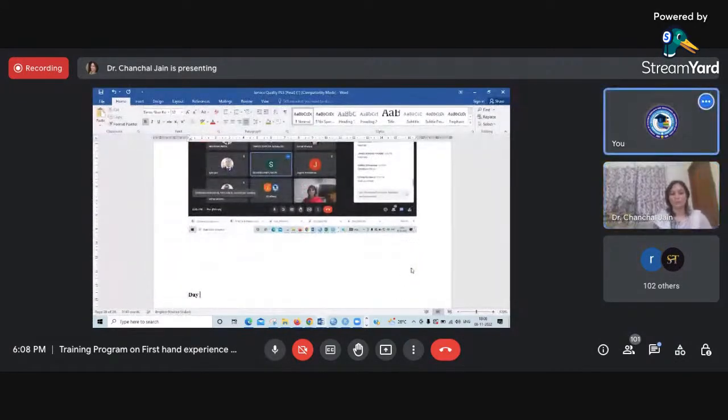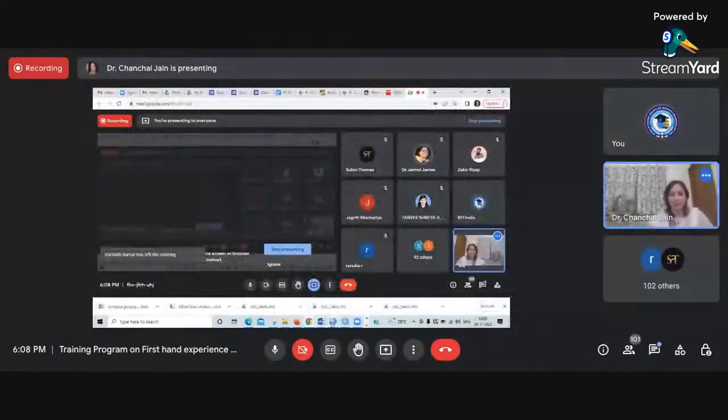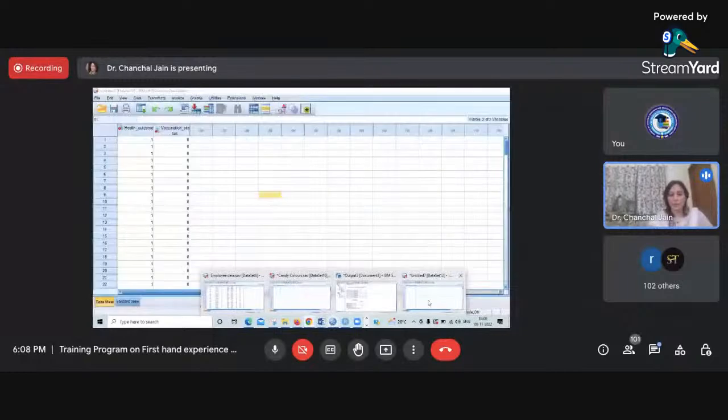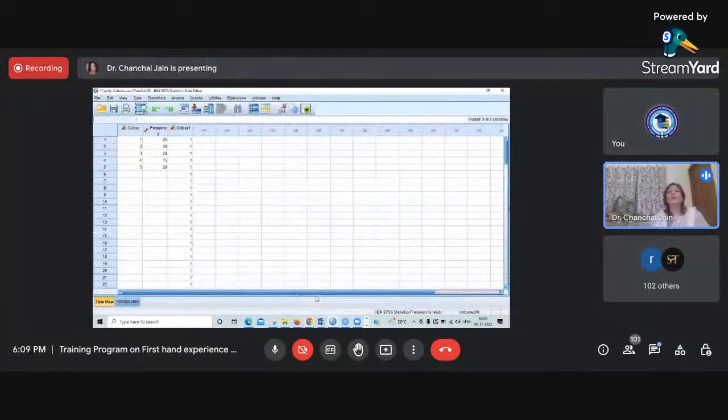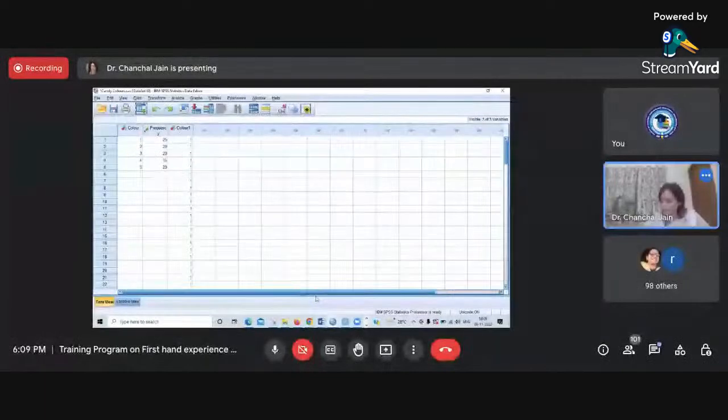Okay. Here again, I am elaborating the case. I think you all have heard about the Candy Crush game, right? It's a game on mobile. So this case is based on that only.